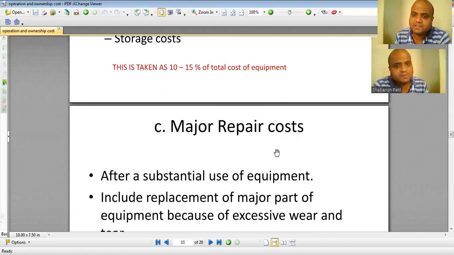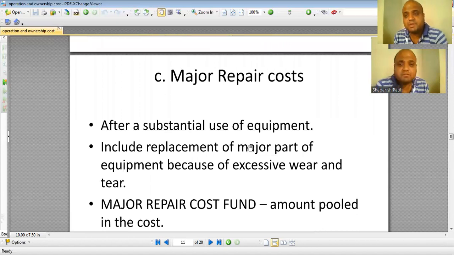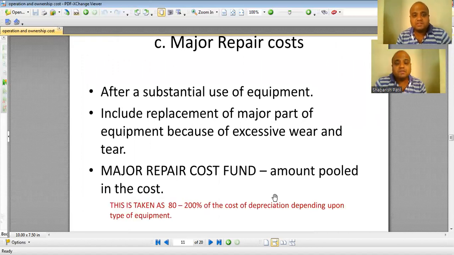The third one is major repair costs. After substantial use of an equipment, maybe there will be a breakdown, and we may have to repair it and replace a few of the major important parts of the equipment. That is called major repair cost. What the organizations do is make a separate account called the major repair cost fund, and the amount is always pooled from the profit we get.